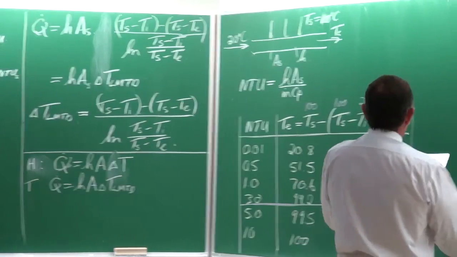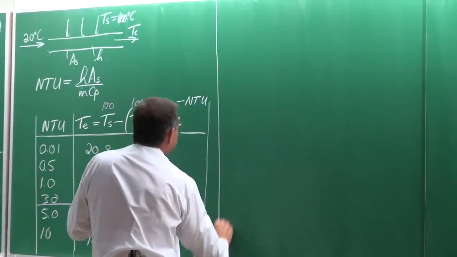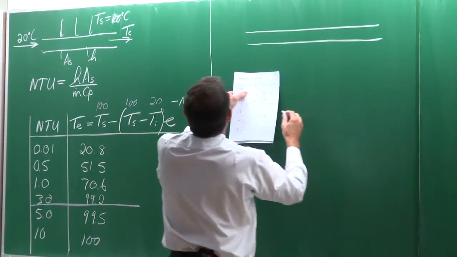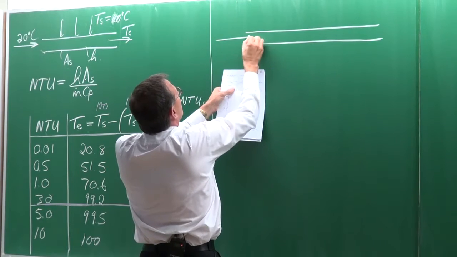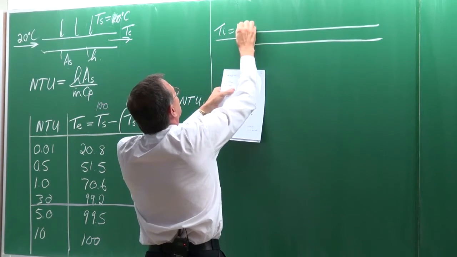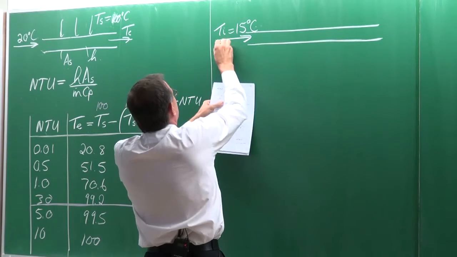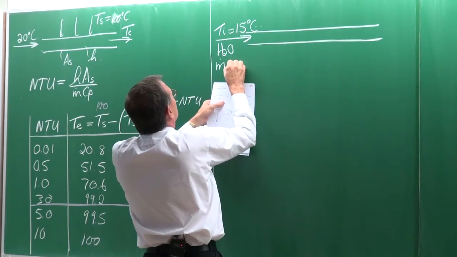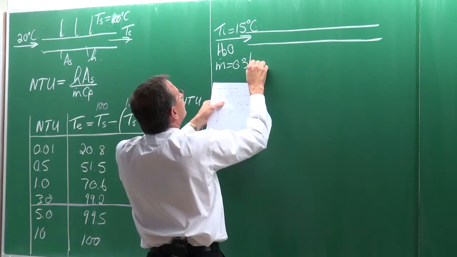Right, now let's look at an example. This example is for a fluid at 15 degrees Celsius, and the fluid is water, and the mass flow rate of the fluid is 0.3 kilograms per second.